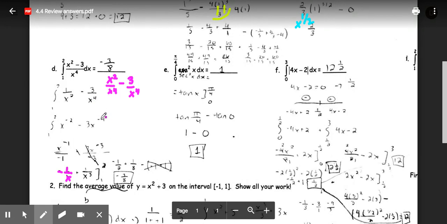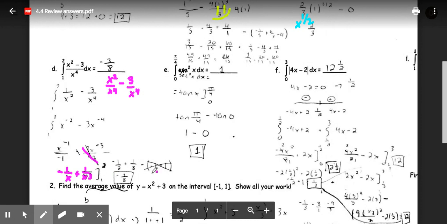When you integrate, you get x to the negative third divided by negative 3. This negative 3 and that negative 3 cancel. So all you're left with is x to the negative third that moves down. It becomes 1 over x cubed. So plus 1 over x cubed.